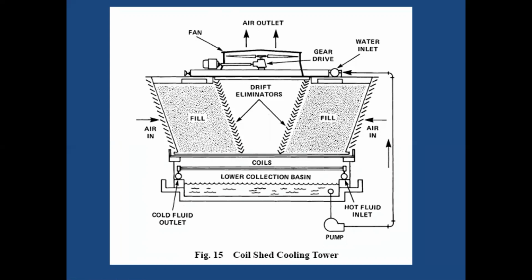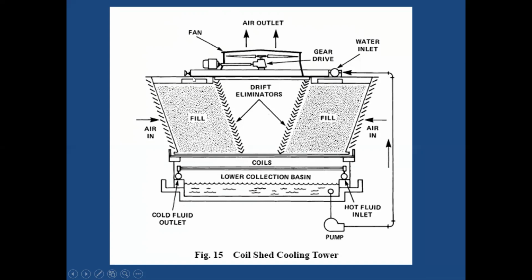When that water comes in contact with the coil surface, it absorbs heat from the process fluid. So hot fluid in, hot fluid out. The process fluid gets cooled, the water gets heated, and then that hot cooling water is again sprinkled through this fill material.